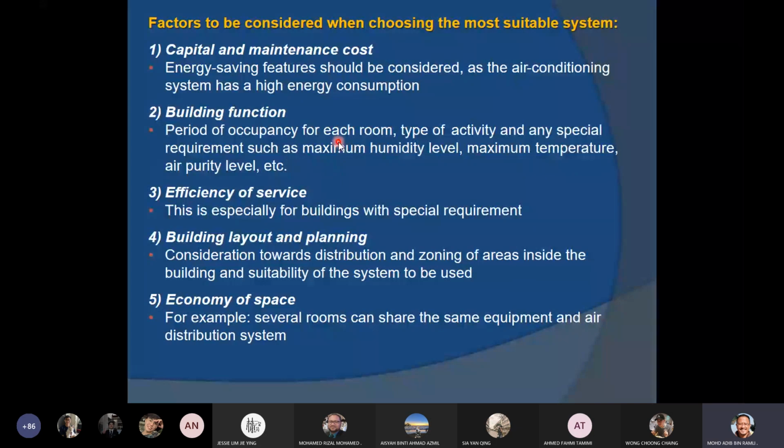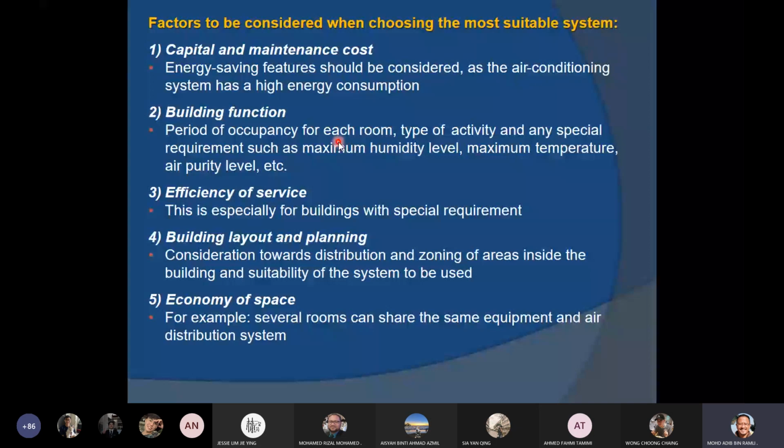Okay, so the factors to be considered when choosing the most suitable system, the first one is capital and maintenance costs. Again, it depends on the client. Some clients have a huge amount of money, so they have the capital to choose the more sophisticated system.